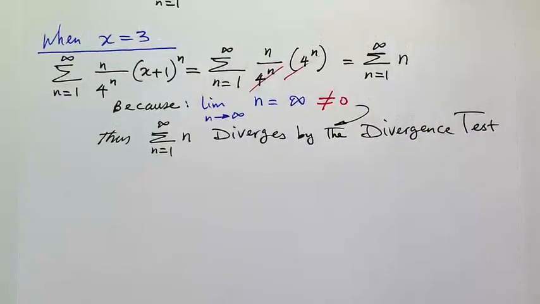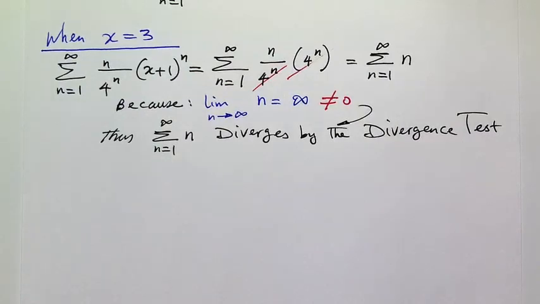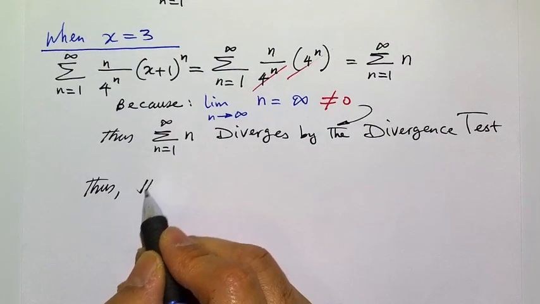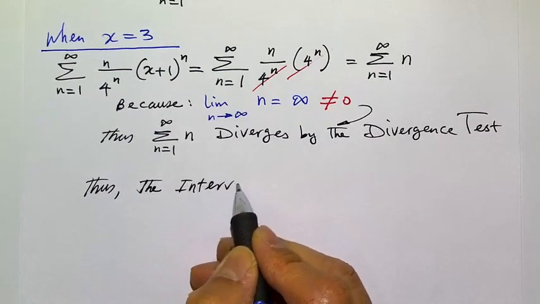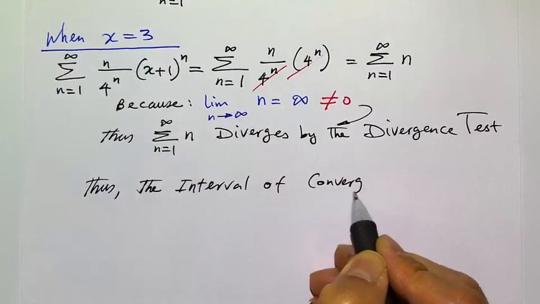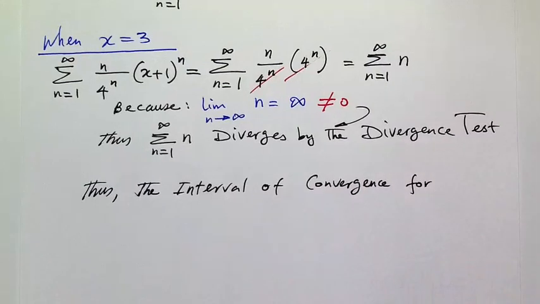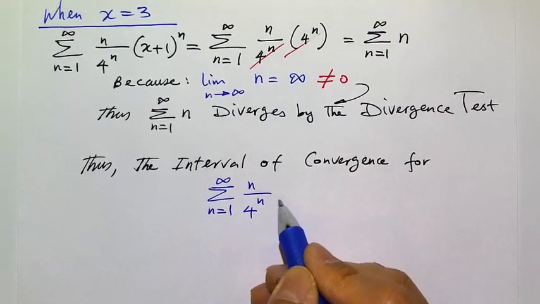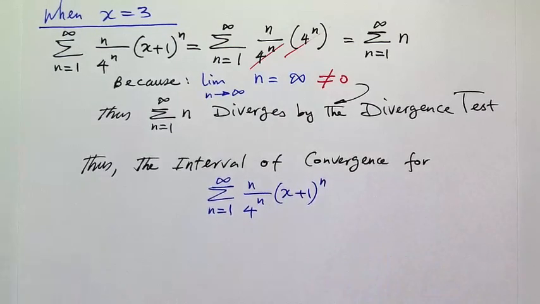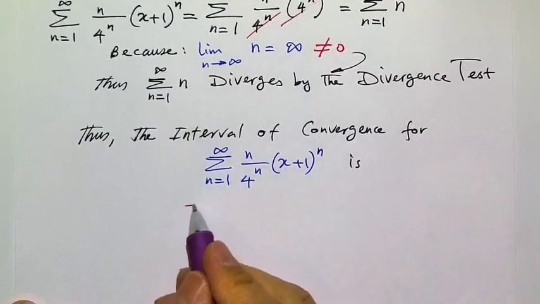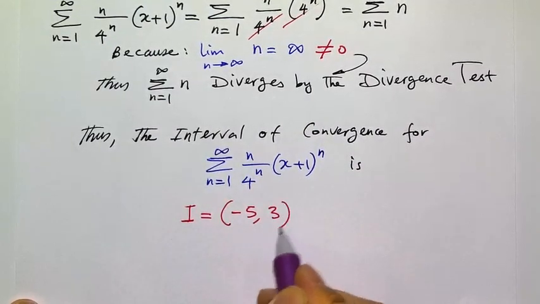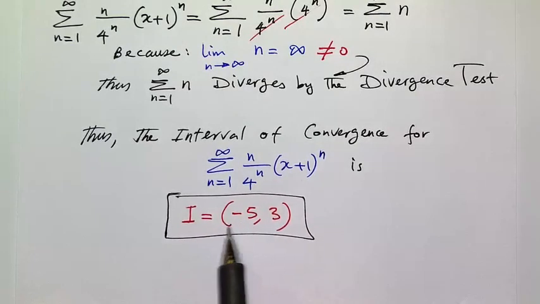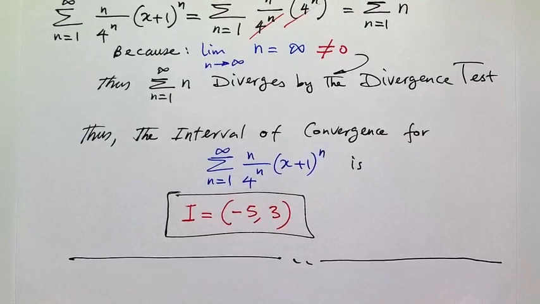So thus, the interval of convergence for this series is the open interval from -5 to 3. Notice that the parentheses at both endpoints indicate divergence at the endpoints. Okay, like that.